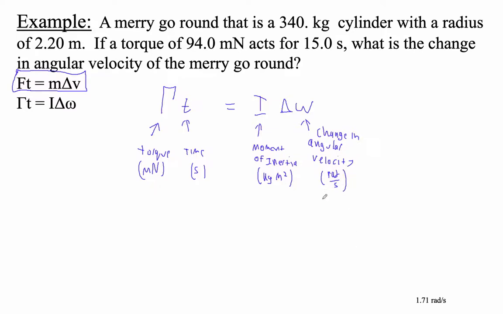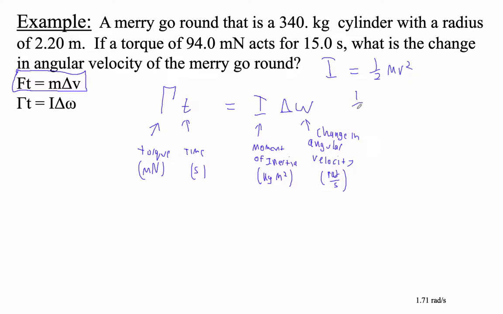So we can do the same sorts of things. Now, obviously, we can solve this with dynamics, but let's use our new equation to do this, okay? So a merry-go-round's a 340 kilogram cylinder with a radius of 2.2 meters, right? So let's figure out that I. That I is going to be 1/2 mr squared.